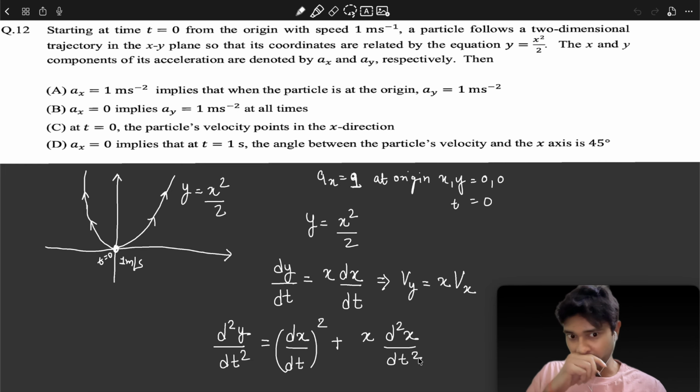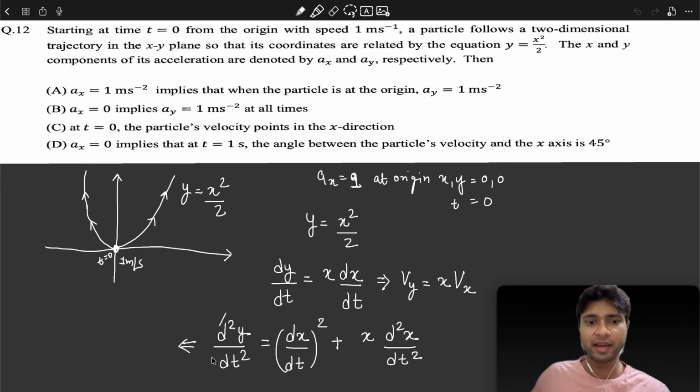So d2y by dt2 is nothing but acceleration in y direction. So ay is equal to vx square plus x times ax, where dx by dt is velocity in x direction and d2x by dt2 is acceleration in x direction. So this is the relation between ay and ax.